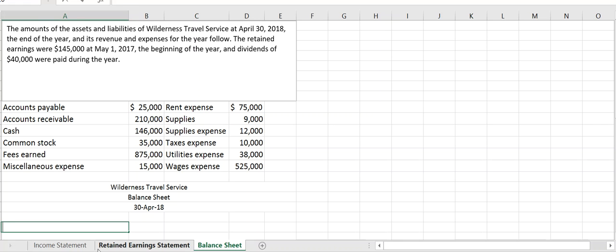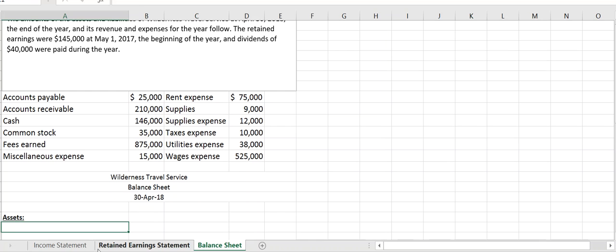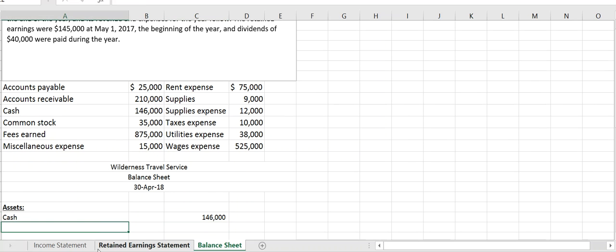So we're going to start off with our assets. And again, our assets are going to be listed in order of liquidity, starting with our most liquid asset, which is cash. Cash is already in its most liquid form. So we have $146,000. The next most liquid asset that we have is accounts receivable.